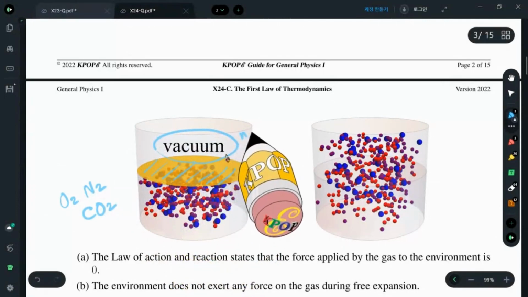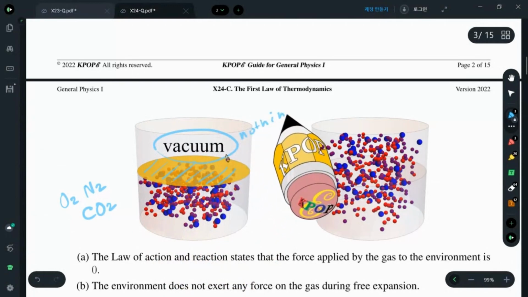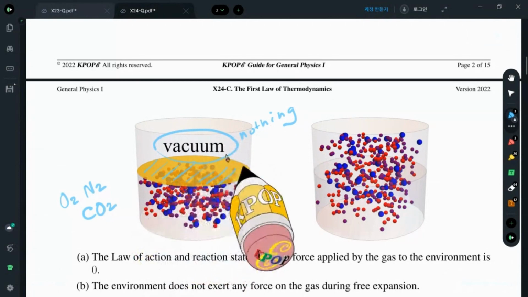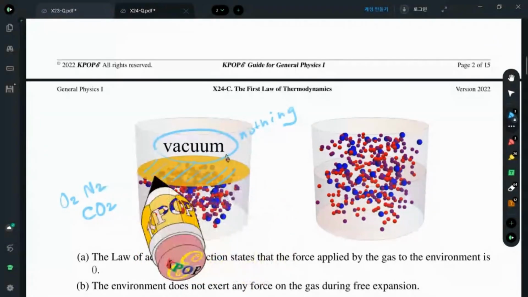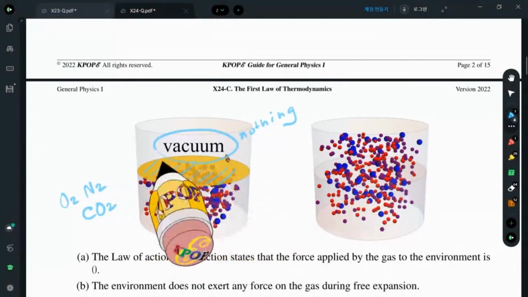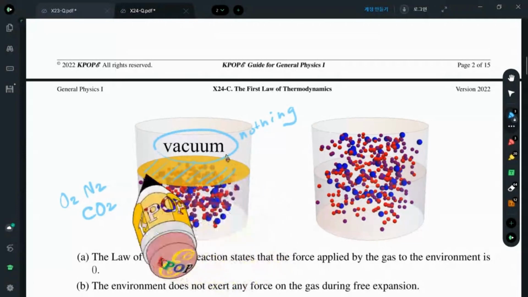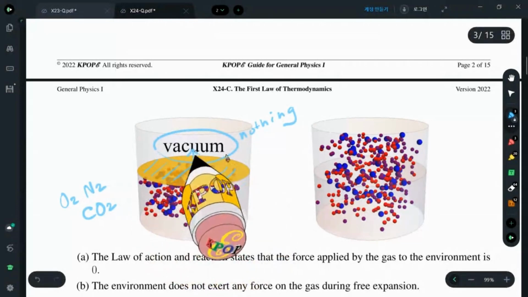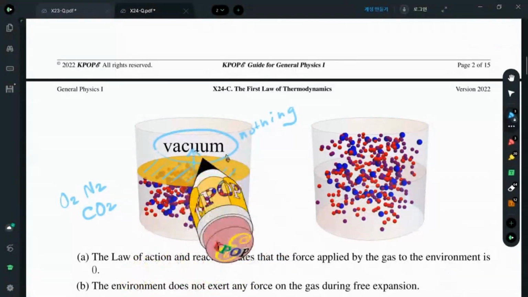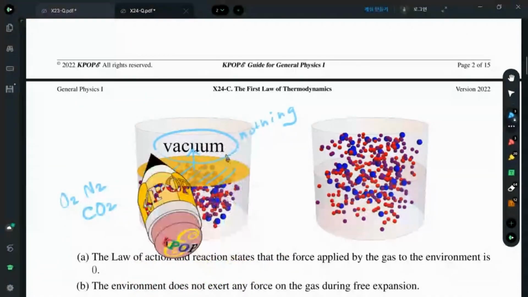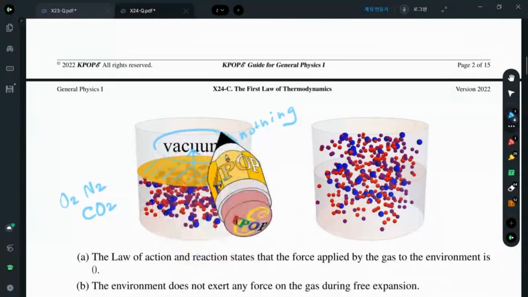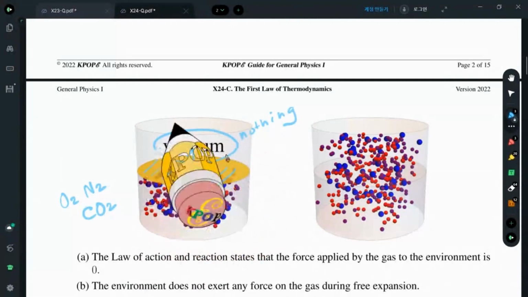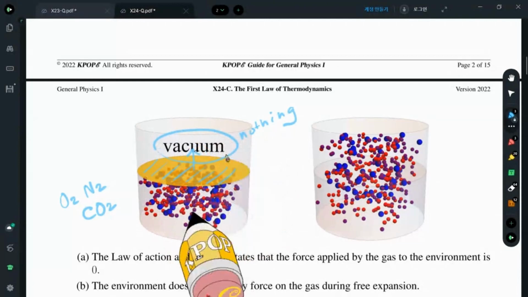Vacuum is nothing, because there is nothing. Without any other external force, this partition should move, because a vacuum cannot apply any force or any pressure anywhere.